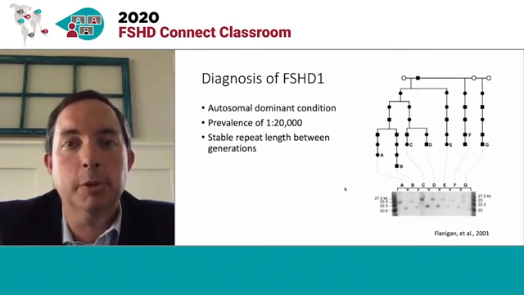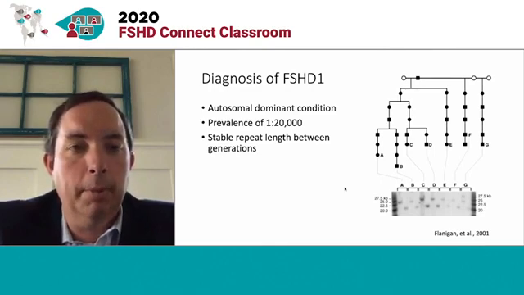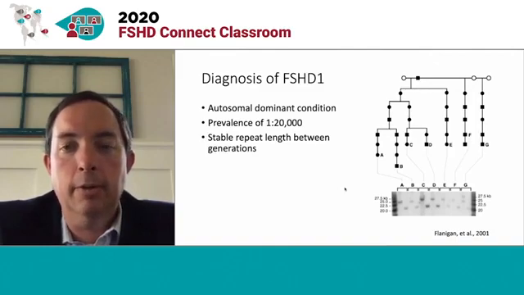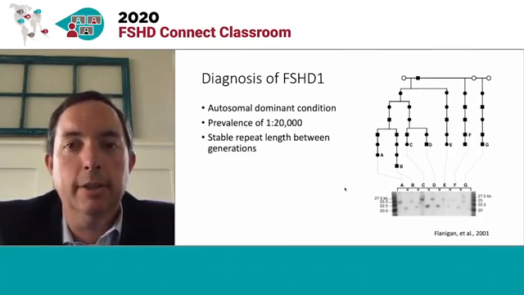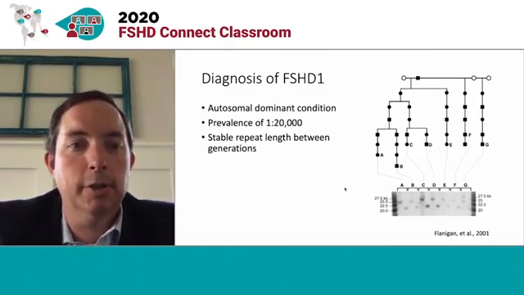And the work that I'm showing you here is work done by my colleague, Kevin Flanagan, when he was at the University of Utah, now at Nationwide Children's Hospital. In this large family with multiple generations of FSHD, he was able to show across, say, 4 or 5 generations that, in fact, at every generation the repeat length is inherited the same. The contraction seen is the same between different generations.